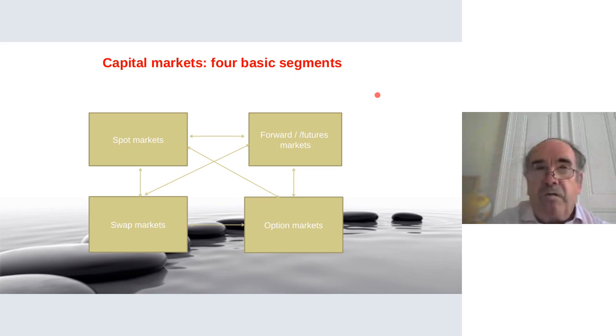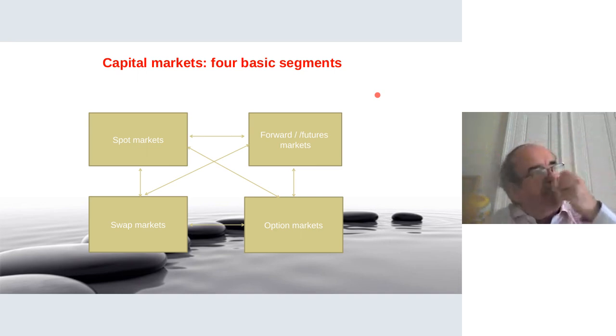What kind of flows can you exchange? The swap which is the most traded in the world is what we call the interest rate swap. What is an interest rate swap? For instance, you are a firm, you are in debt, you borrowed on a variable basis. What does that mean?